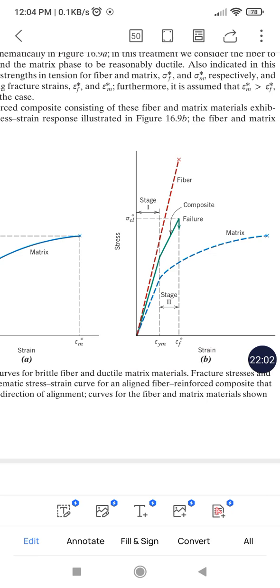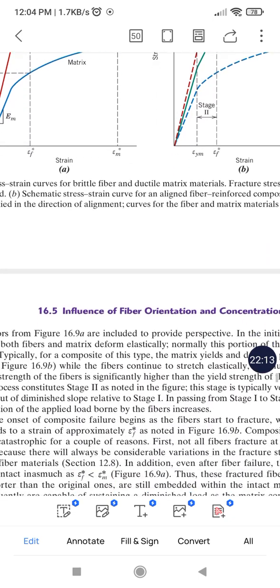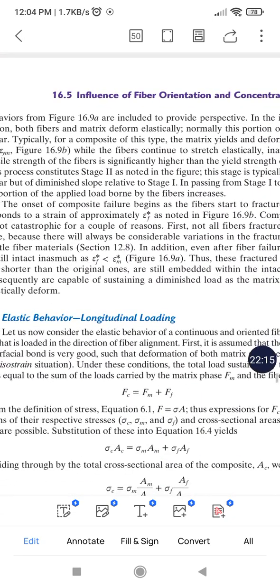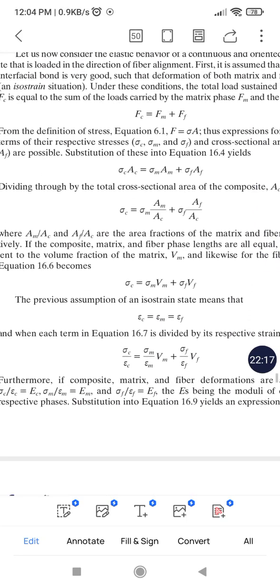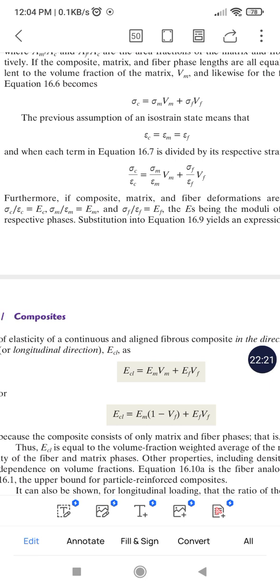The composite has a stage 1 and stage 2 region. Two regions are there having different Young's modulus. Stress by strain is the elastic modulus. So these things you can remember, at least for an essay you should study.